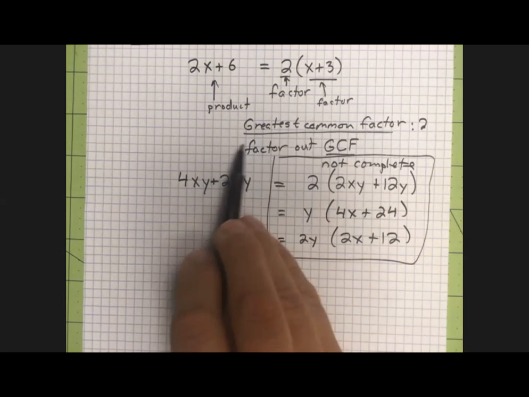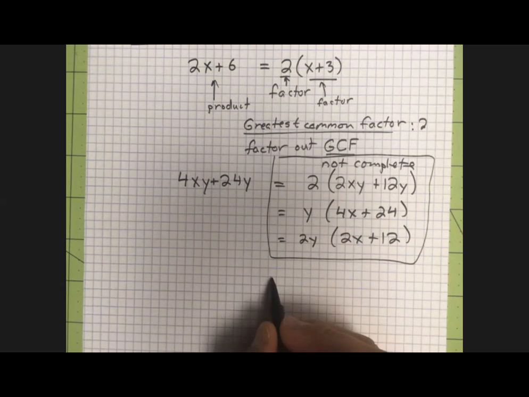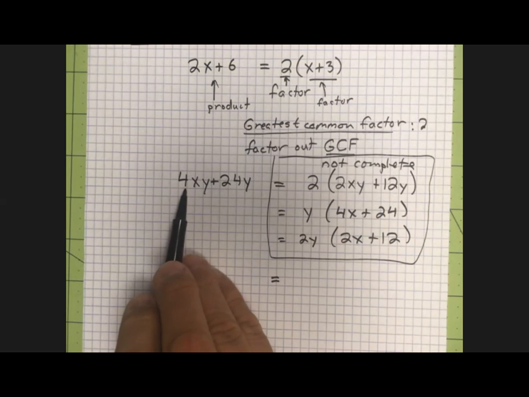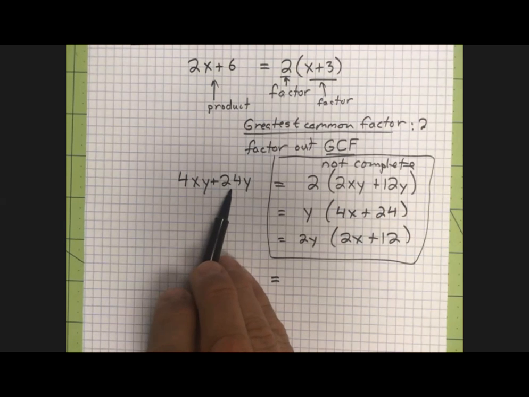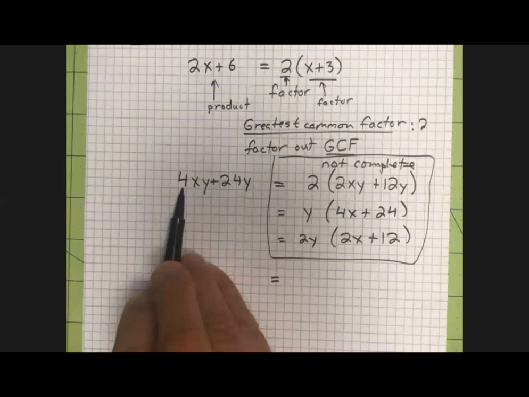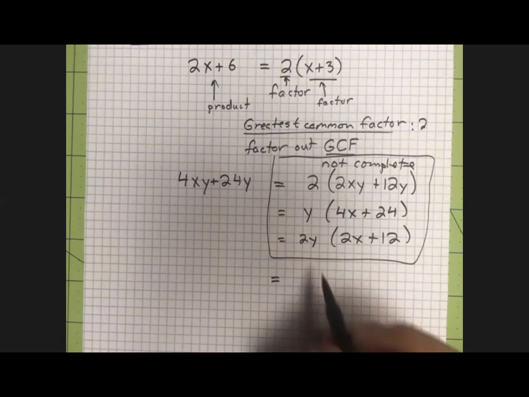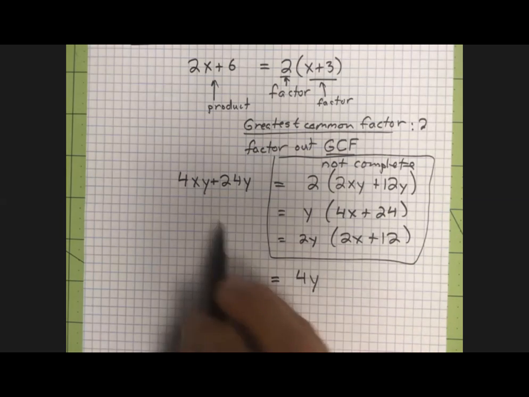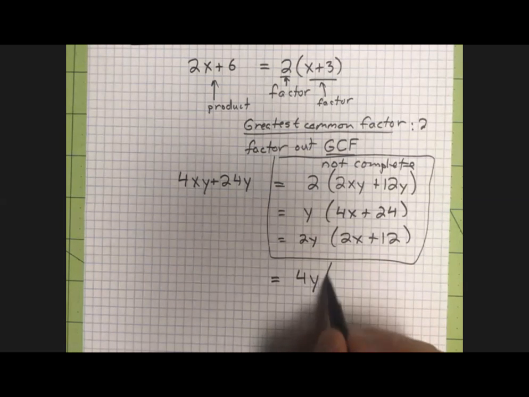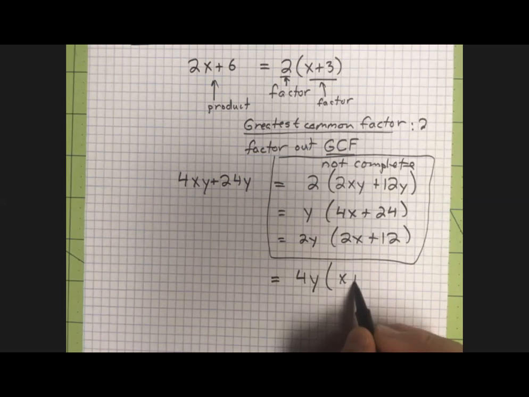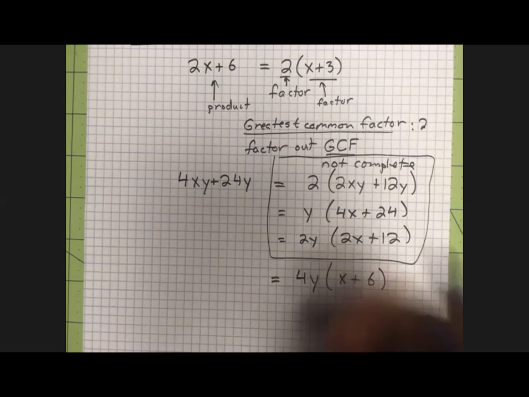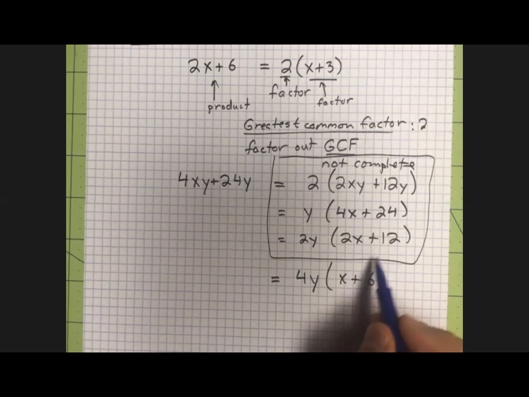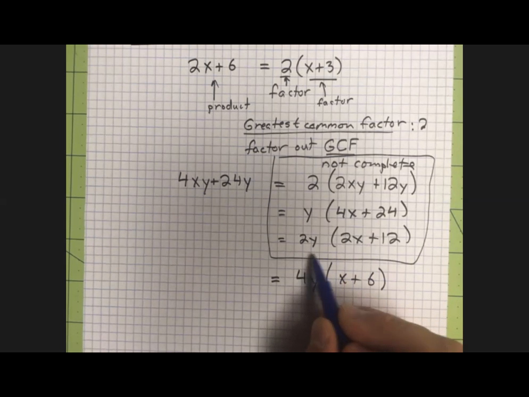When someone says pull out the greatest common factor, they want it all. They want everything that these people have in common. Actually, these 2 people have a 4 in common and a y in common. They have 2 2's, a 4, 2 times 2. And if you remove it, that leaves behind x plus 6. You realize in each of these cases, you could have seen the x plus 6 and the 2. Here you look at this and say, wait a minute, I could take out another 2.